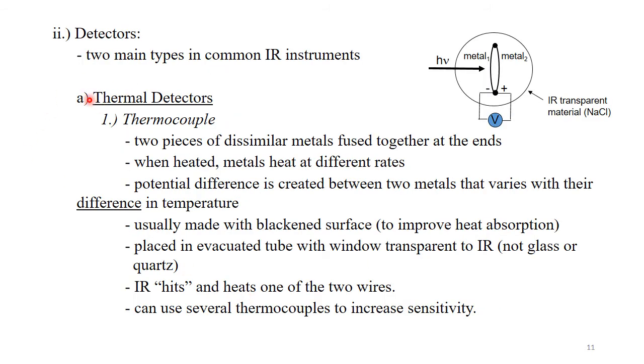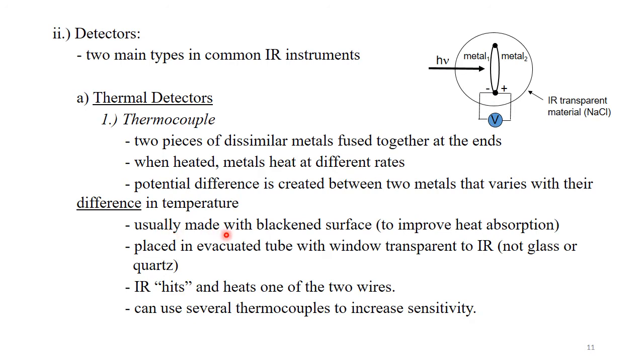Detectors. There are two main types in common infrared instruments. Thermal detectors consist of a thermocouple, which has two pieces of dissimilar metals fused together at the end. When heated, the metals heat at different rates, and a potential difference is created between the two metals that varies with their difference in temperature.